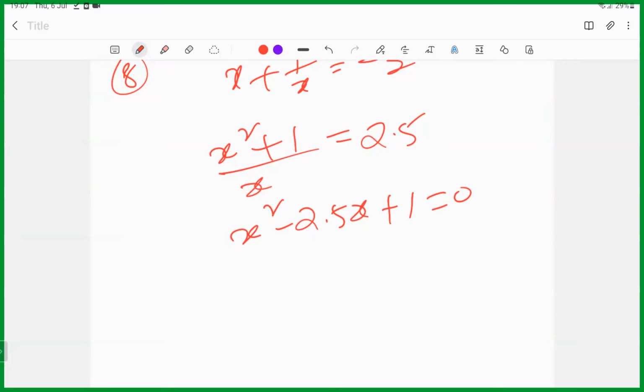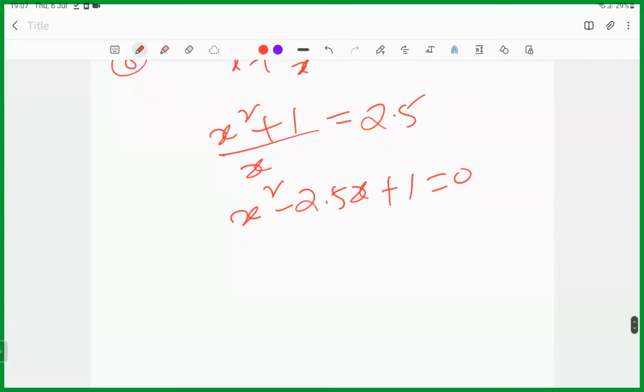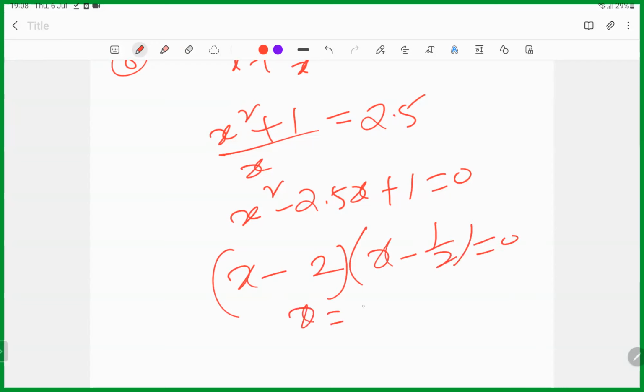If you take minus 2 minus 1 by 2, then what Vijay says is right. So taking 2 and 1 by 2, the middle terms are minus 2 minus 1 by 2. Then the sum will be minus 2.5 and the product will be 1. So it will be x minus 2 into x minus 1 by 2. So x equals 2 comma 1 by 2.